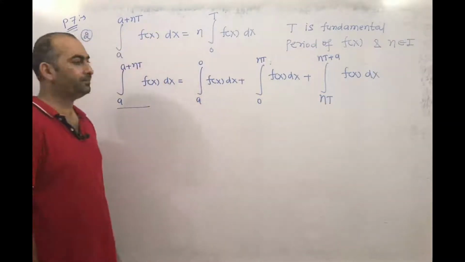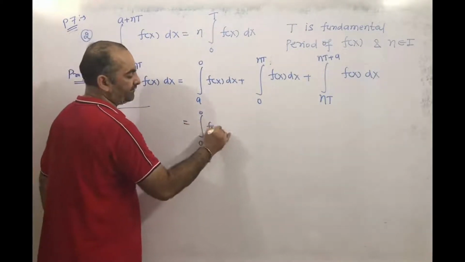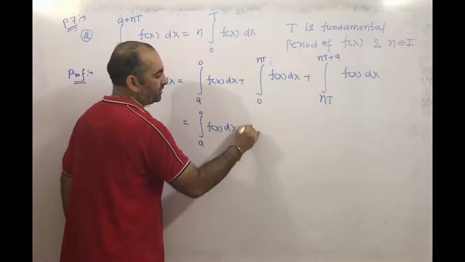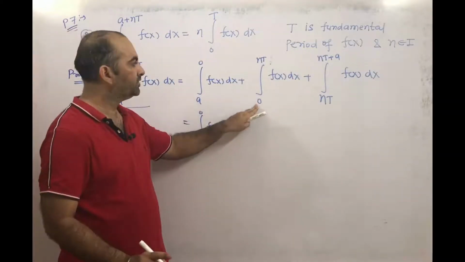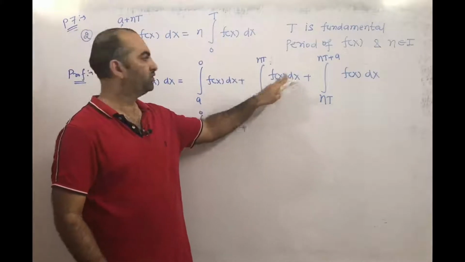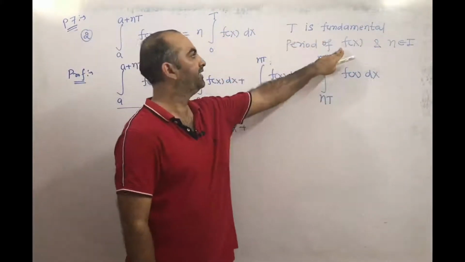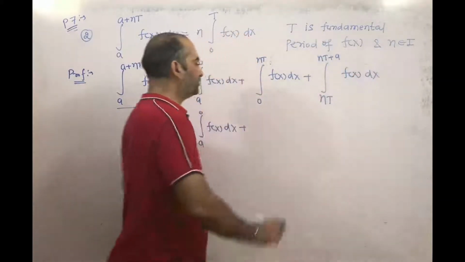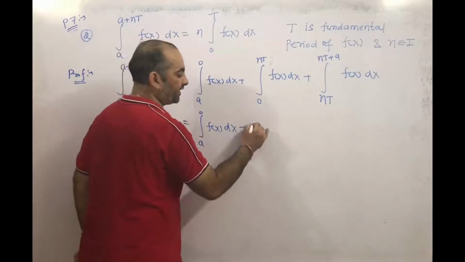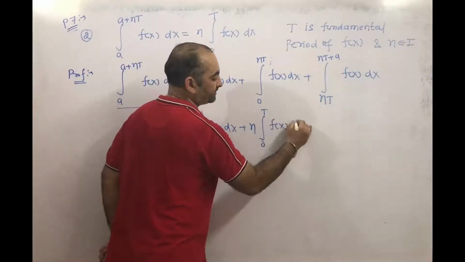Now what will you do? The first term stays as it is, integration from a to 0 of f(x) dx, plus in the second term we can use the first point: integration from 0 to nT of f(x) dx. T is the fundamental period of f(x) and n is an integer, so using the first point we can write n times integration from 0 to T of f(x) dx.